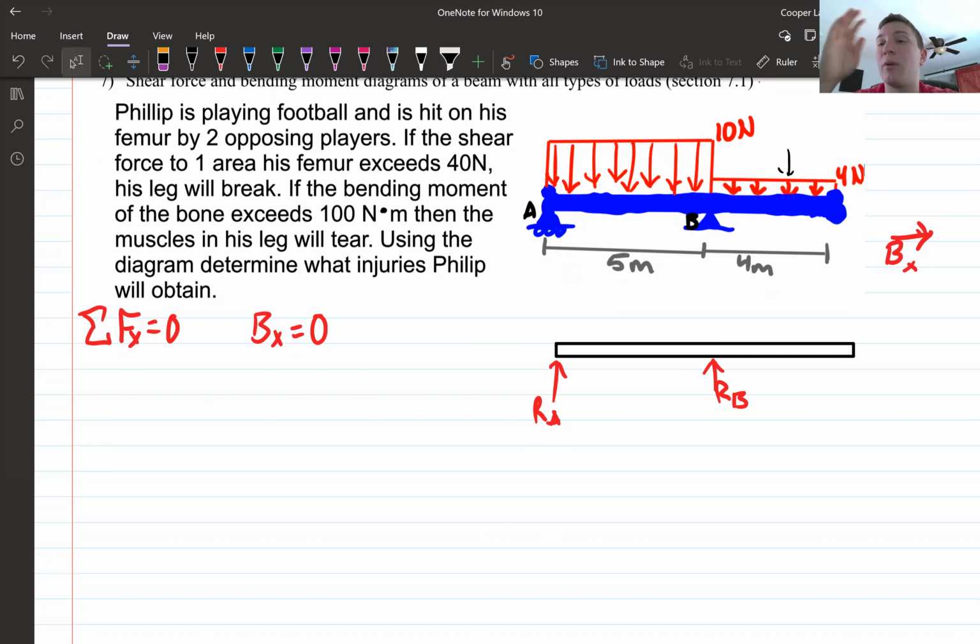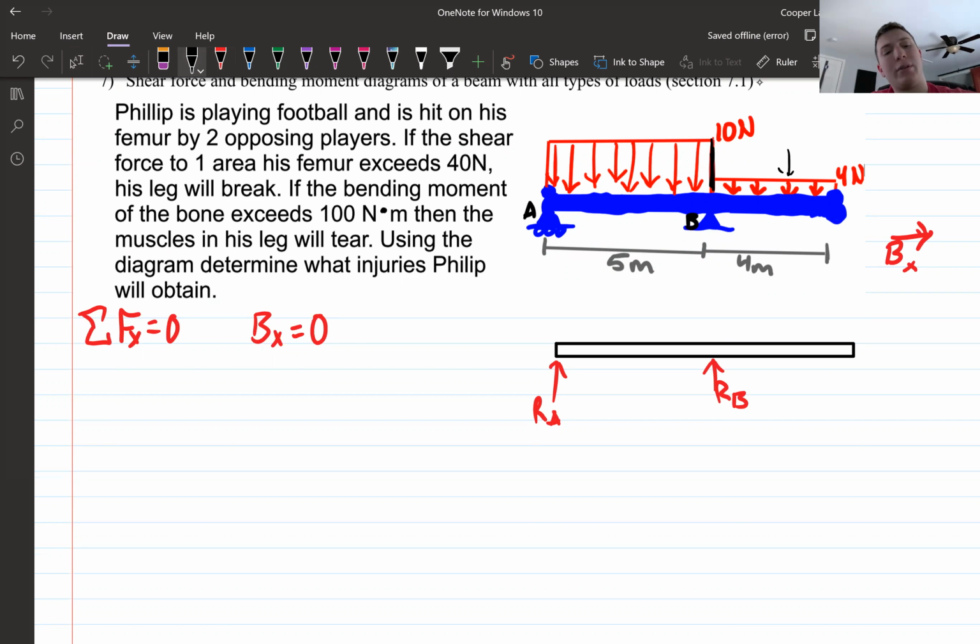for my 10 Newton and my 4 Newton. When I have a 10 Newton force listed like this, it's basically saying the height of this shape is 10 Newtons, and it's over a 5-meter spread.